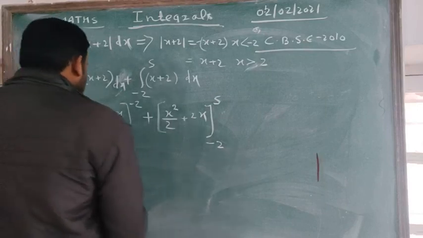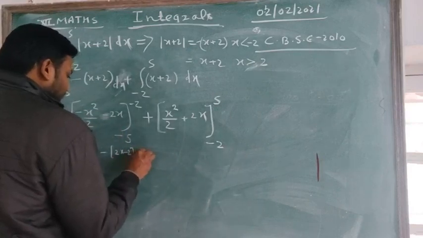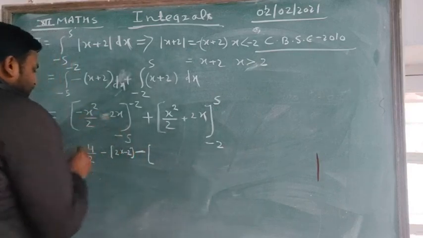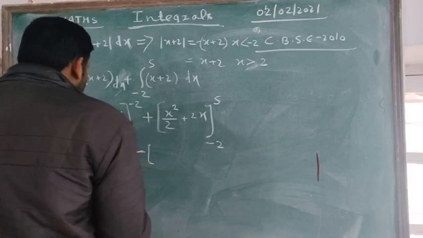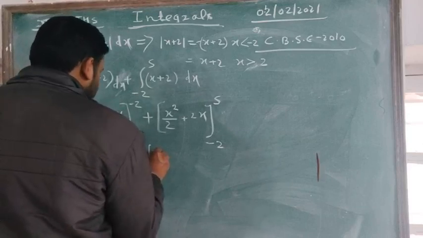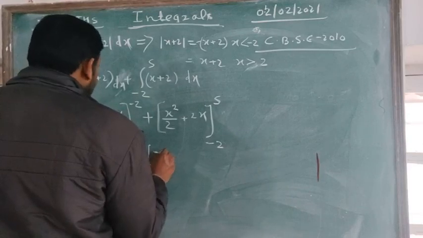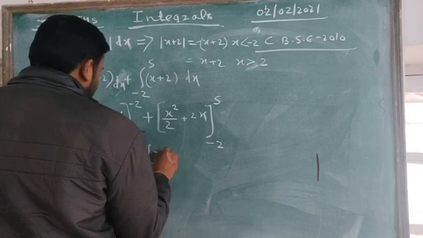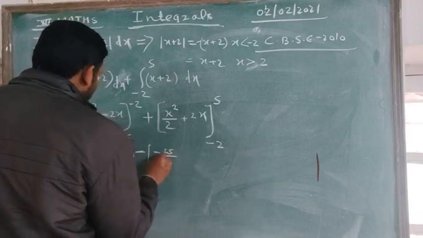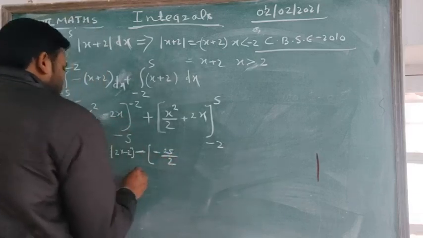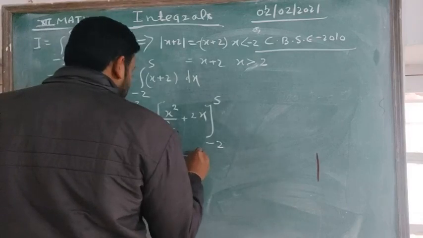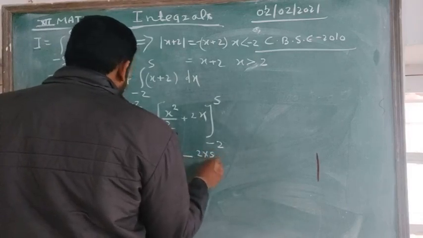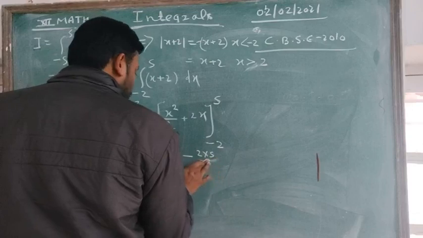This is the negative term which gives us minus 25 by 2, and this is minus 2 into 5, that is 2 into 5.